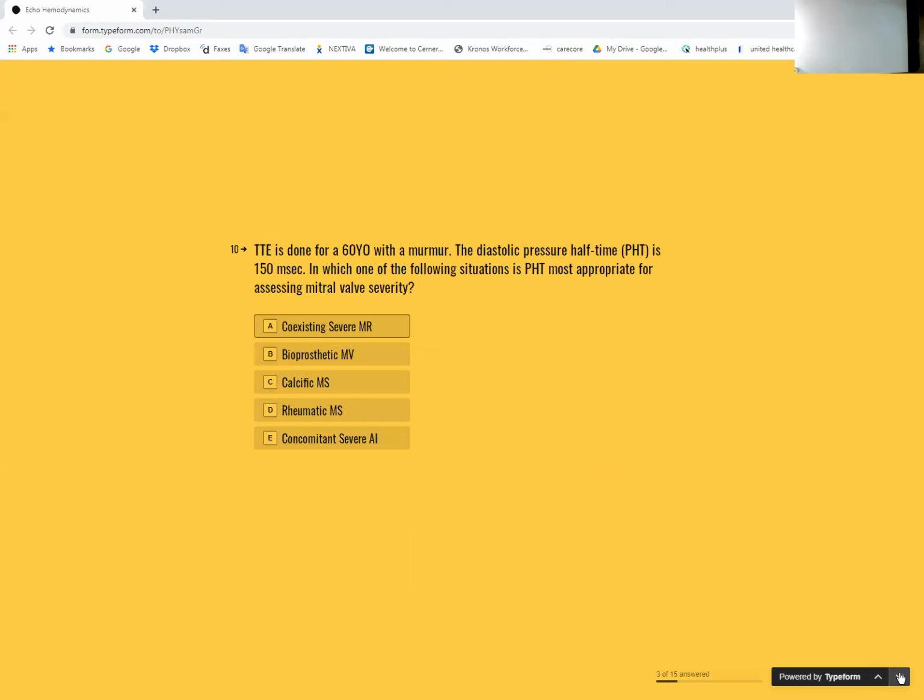Okay, key points about using pressure half time to calculate AVA. Echo was done for a 60-year-old person with a murmur. The pressure half time is 150 milliseconds. In which of the situations is pressure half time most appropriate for calculating mitral valve severity?